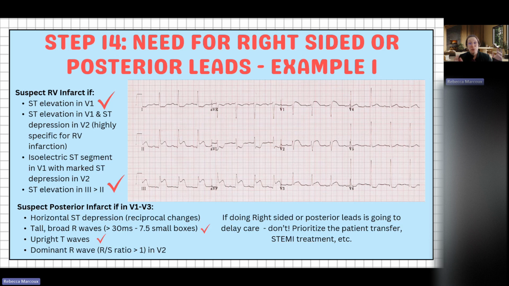If your time is better used getting them ready to transfer to OHI or to Kingston, depending where you are, do that and transfer. When you transfer them, say high suspicion for right ventricular MI or suspicion for posterior MI. So we don't want to delay care if it's not going to be useful or rapidly change things, or if it's going to delay emergent care that the patient could be getting.